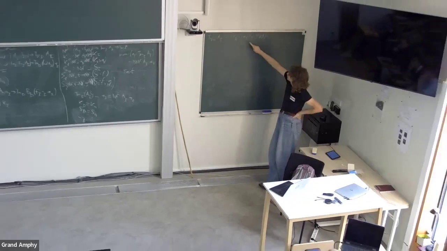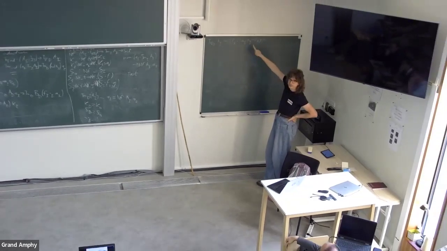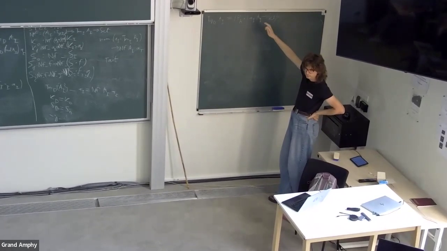So the idea is that I define a predicate on terms, a separate predicate for every type.